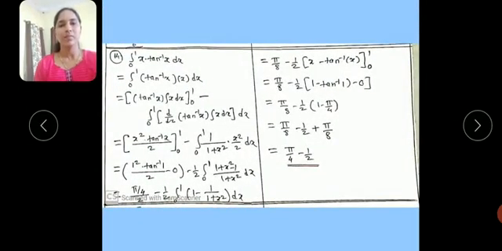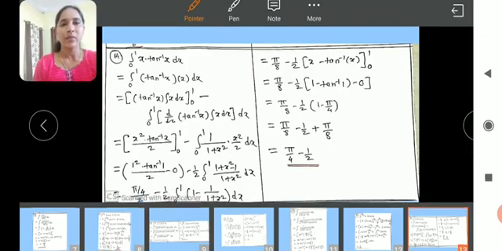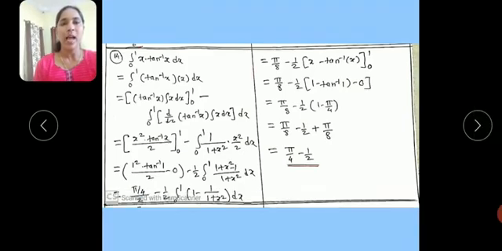Now example number 14: integration from 0 to 1 of x into tan inverse x dx.